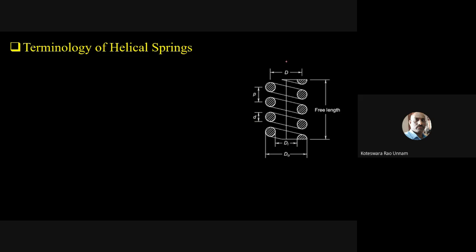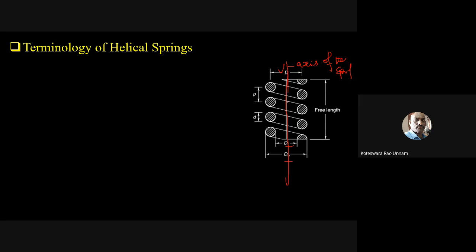Before that, this line you can see, we'll call it the axis of the spring. So these diameters are measured with respect to this axis. Those diameters are D, DI and DO.